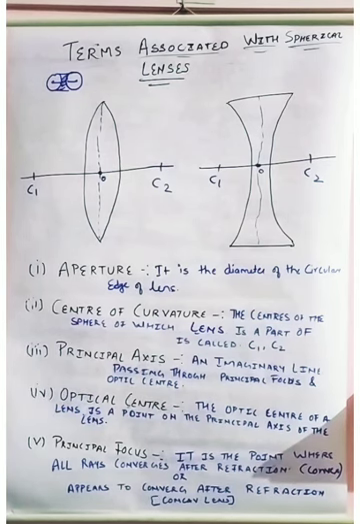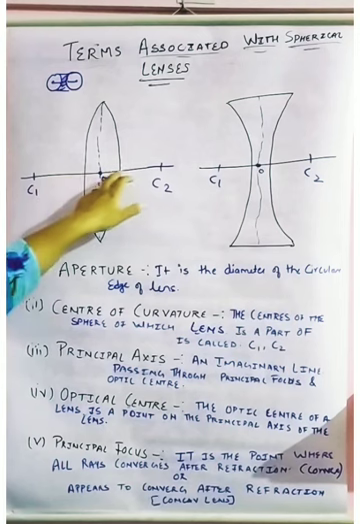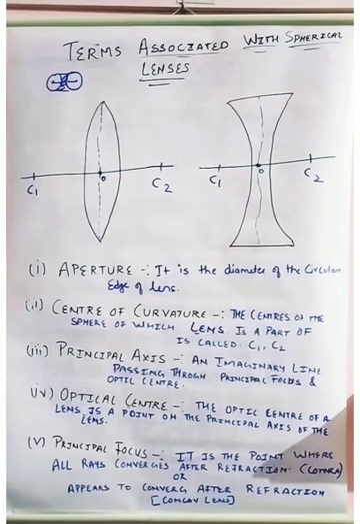Now what is the principal axis? The principal axis is an imaginary line passing through the optic center and the centers of curvature. Now principal focus.